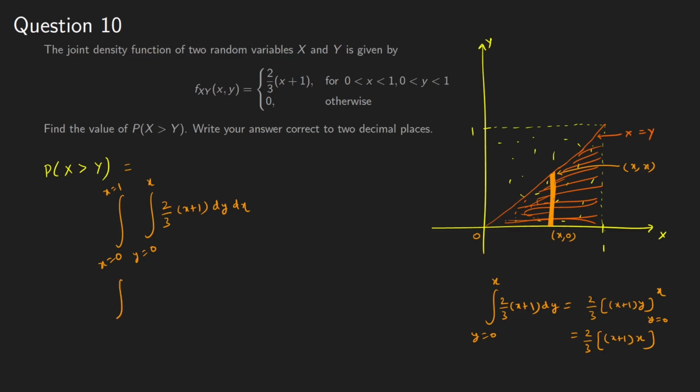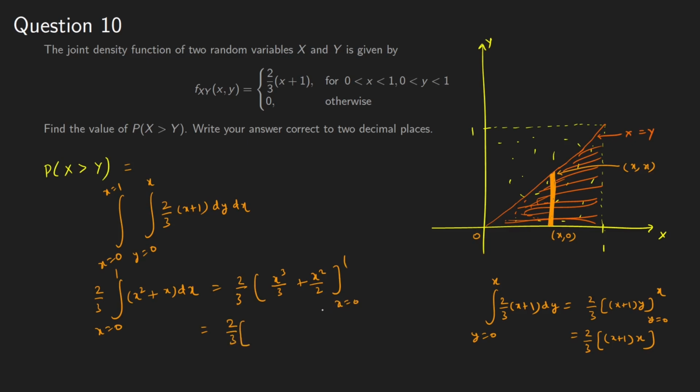So finally this is the inner integration, and here we have x equals 0 to x equals 1. 2 by 3 we can take outside, and we will be left with x squared plus x, dx. When you integrate it, it will be x cubed by 3 plus x squared by 2, from x equals 0 to 1.